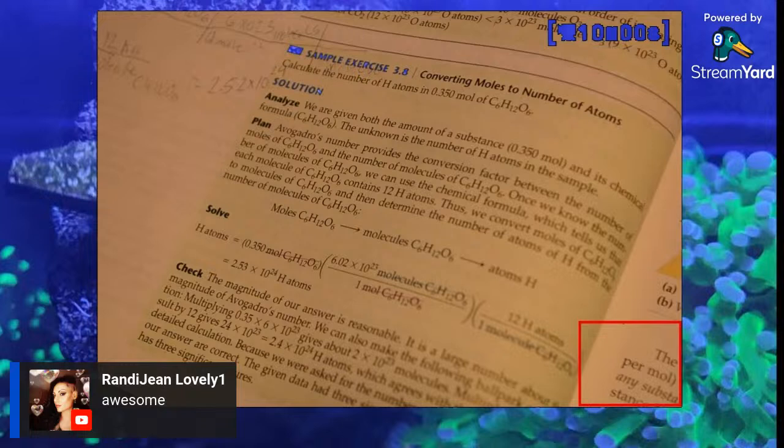We know we got 0.350 moles of C6H12O6, right? That's the given, so let's write that number down.